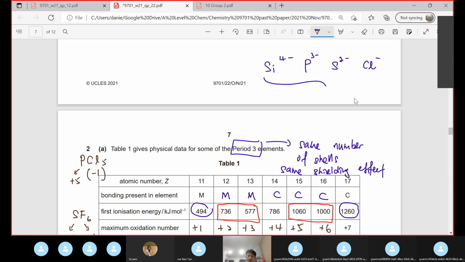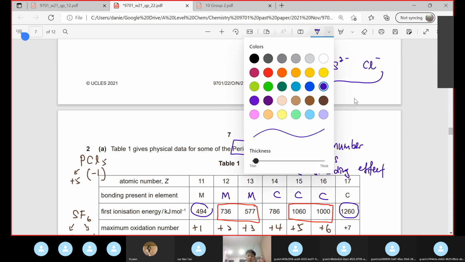All these anions have the same number of electrons, which is 18. Then what is the difference?